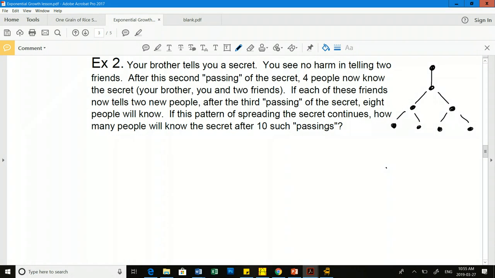And this is how gossip spreads. Okay, even if it's true, this is how things start to spread. And then these 4 people, well, they also see no harm in telling 2 people. This is also how pyramid schemes work. Okay, so I think we have an idea of what's going on here.